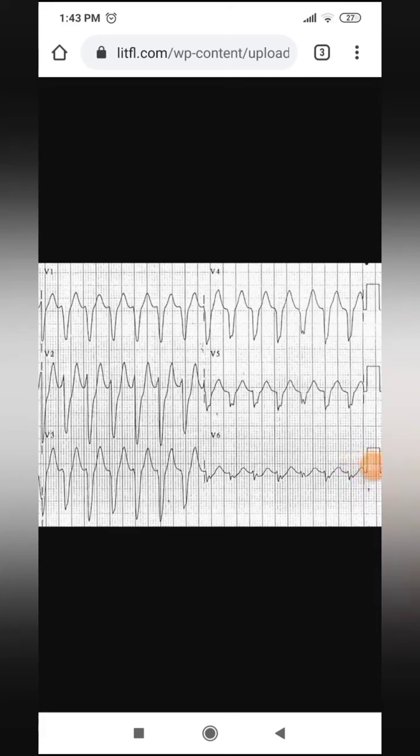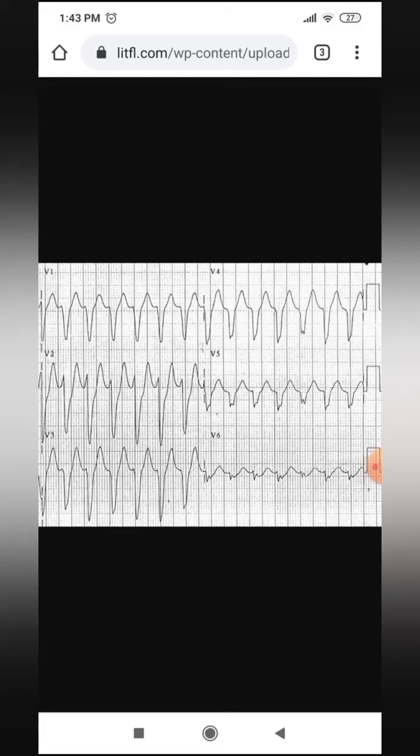Just focus on the precordial leads. We can see that there is negative concordance of the QRS complex in all the precordial leads, and what that actually means is that the QRS complex is in the negative direction in all these leads. So this is one of the criteria. The concordance in precordial leads is one of the criteria to label ventricular tachycardia.